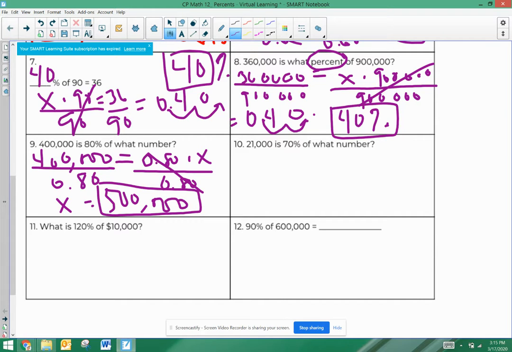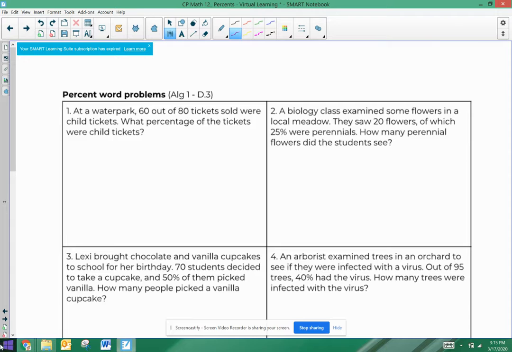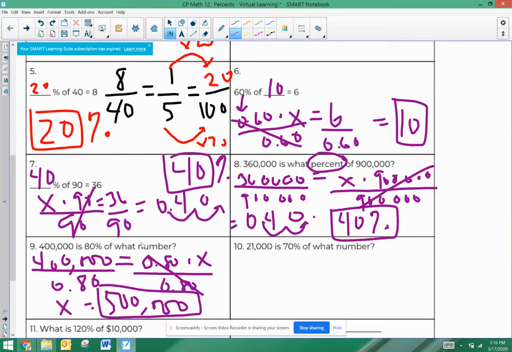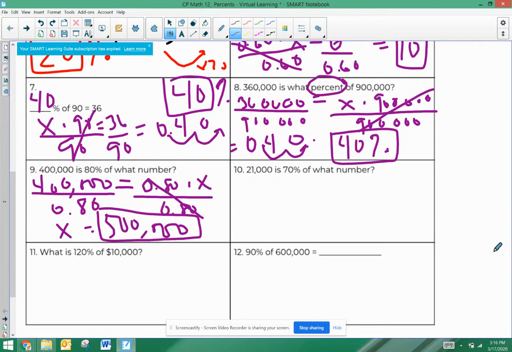Same idea with this next one. 21,000 is 70% of what number? So I'm thinking about the relationship between 21 and 7. I know 7 times 3 is 21, so maybe 3 has something to do with it. So we can set it up as our equation. 21,000 equals 70%, 0.70, times what number?